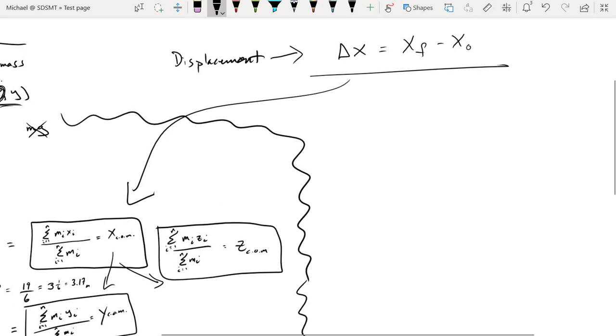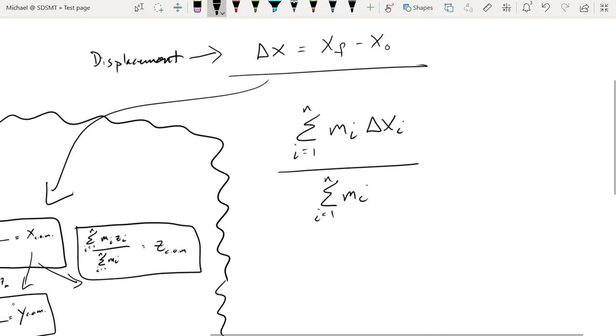So if all of our masses were to displace, so mass 1 displaces, mass 2 displaces, mass 3 displaces, so on and so forth. It should be an N. Well, that's going to tell us how the center of mass for the system displaces.